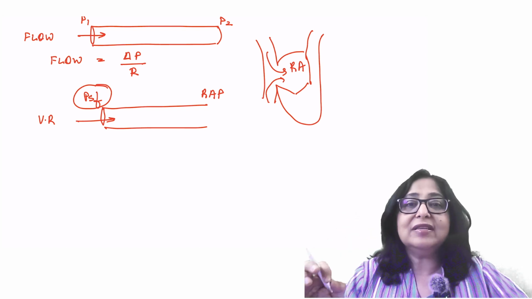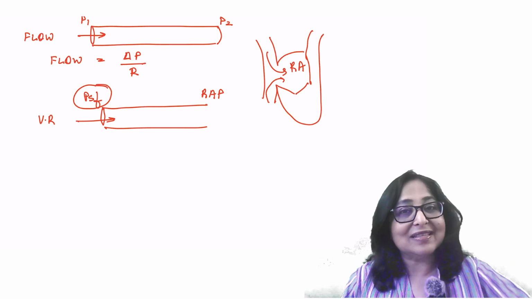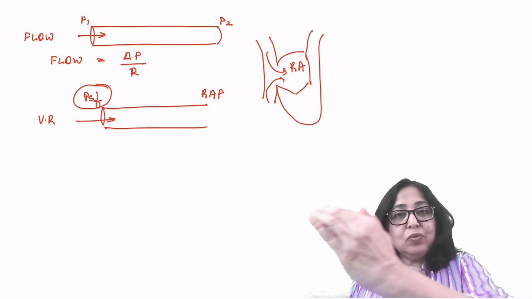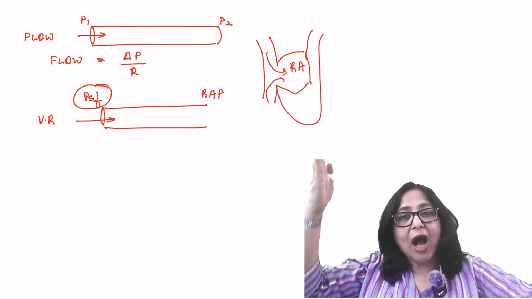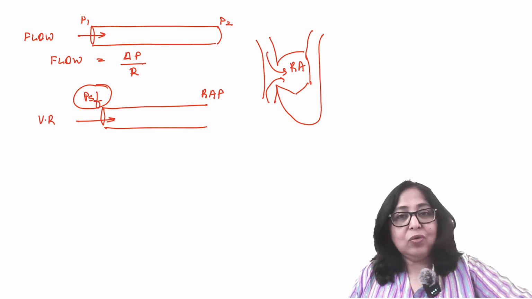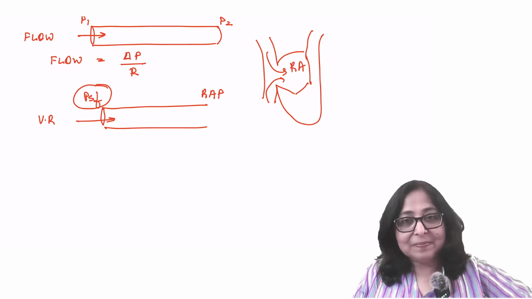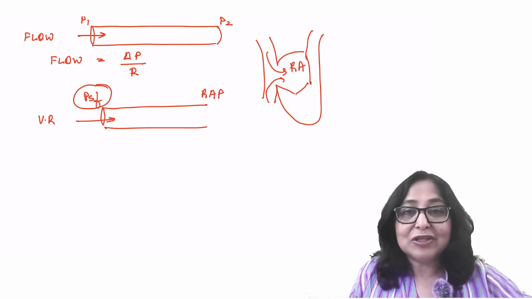Very large resistance at the level of the arterioles. Arterioles are your resistance vessels. So as soon as blood crosses the arterioles, there is a very sharp drop in pressure. When blood goes into the capillaries, we don't talk about a systolic pressure or a diastolic pressure.